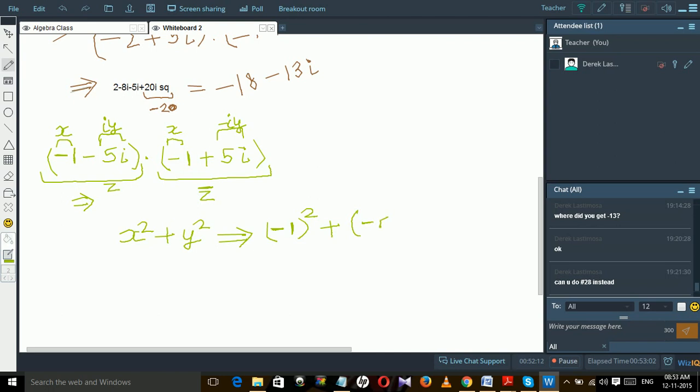That will give you minus 1 squared, and it doesn't matter because it's a square, you can use plus and minus for that. And as far as y is concerned, it is minus 5 squared. That gives you 26.